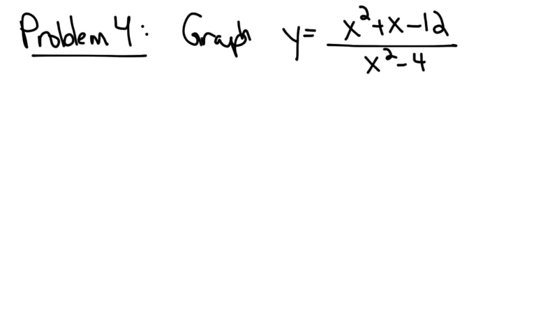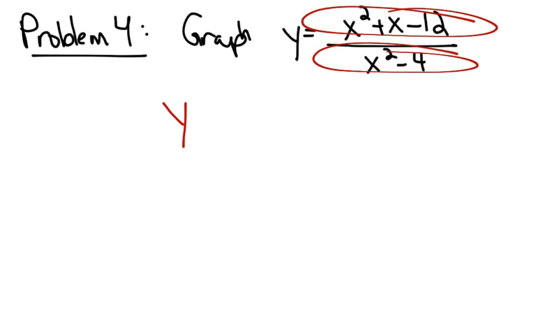Okay, the last thing that we'll do in this particular video is we'll talk about how to go through the process of graphing, or getting at least a partial graph, so that you can draw a decent sketch of the rational function. So on a graph, y equals (x squared plus x minus 12) over (x squared minus 4). You've got to factor the numerator and denominator.